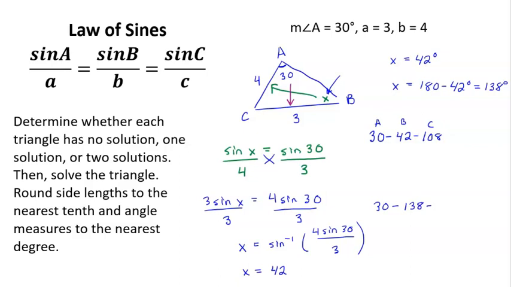And then when we do 180 minus 138 minus 30, we get 12. And so these are the two different triangles that we could be looking at.